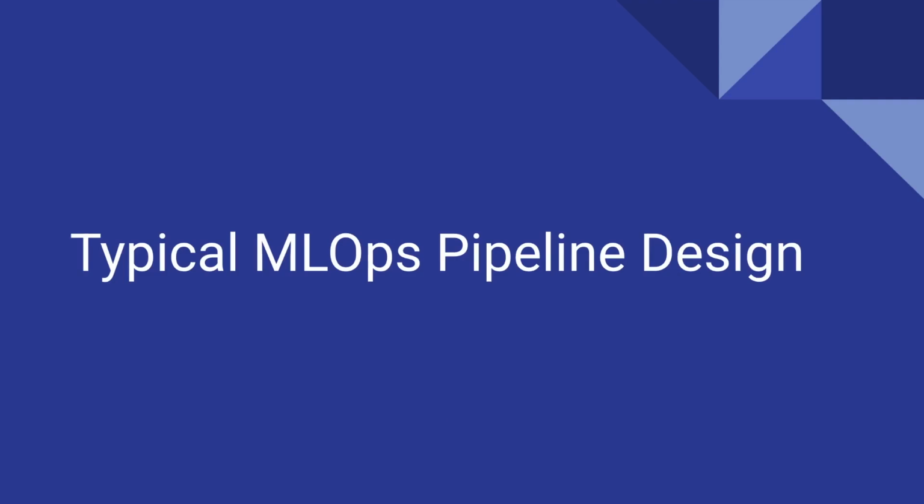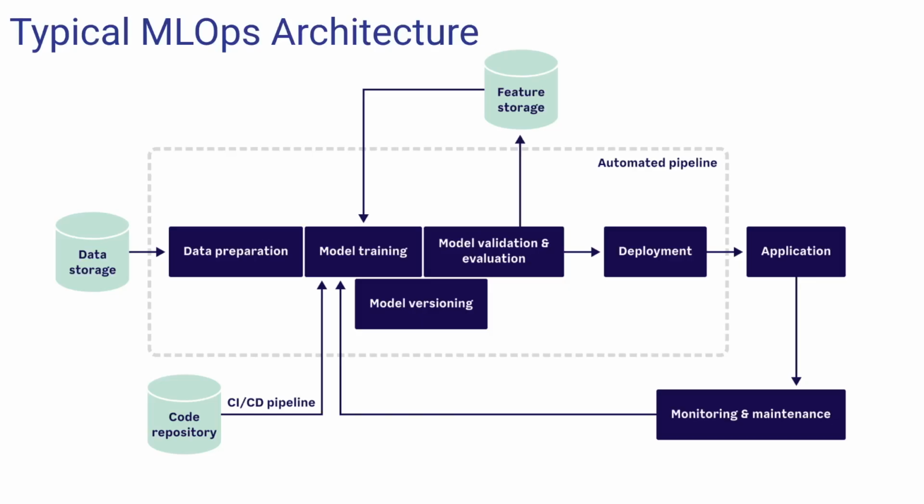Let's crack on. So first of all, let's have a look at a typical design for MLOps infrastructure and what it looks like. In a typical infrastructure, in the first stage we ingest the data from a data storage like Redshift, RDS, or a similar data storage source.